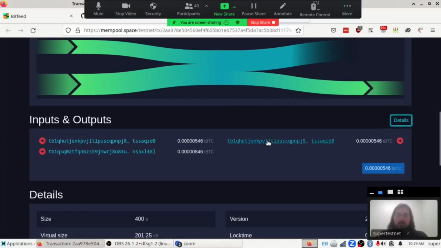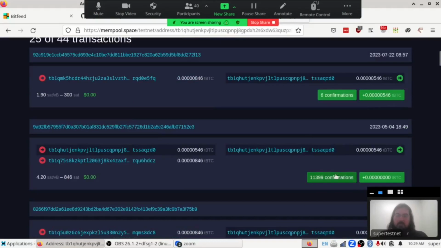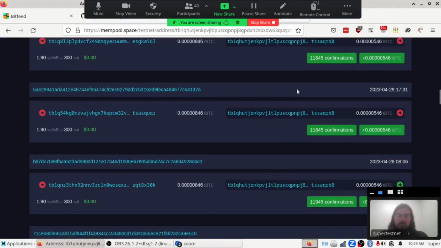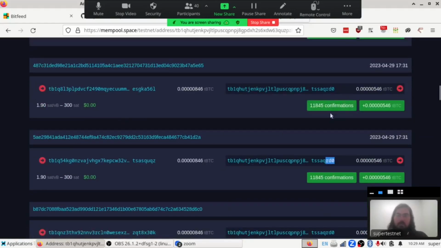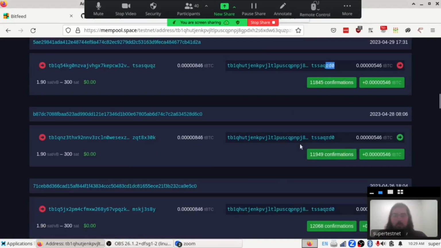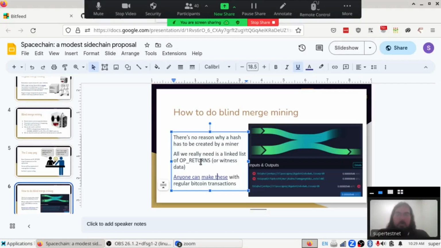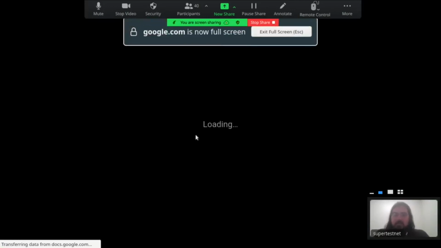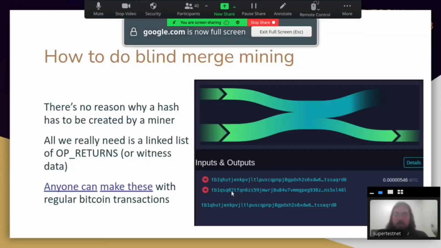If you just keep following this, you go back into that address, and it's got one of these things after another. You just keep on taking money from the same address and putting it back in, and every time, it's recreating the same address, adding more money into it and adding another piece of witness data. So all we're doing here is creating a linked list of text fields that contain hashes, and those are where the sidechain blocks are.